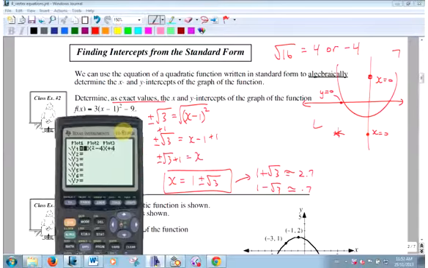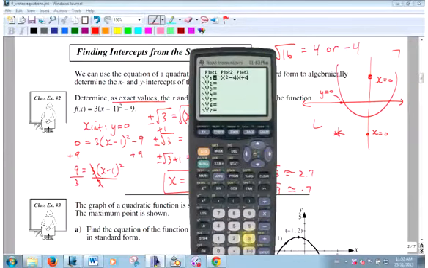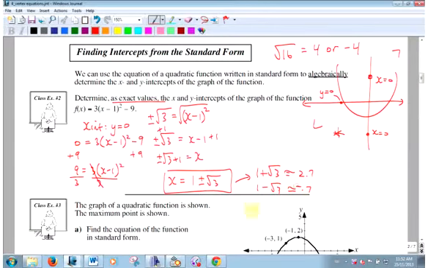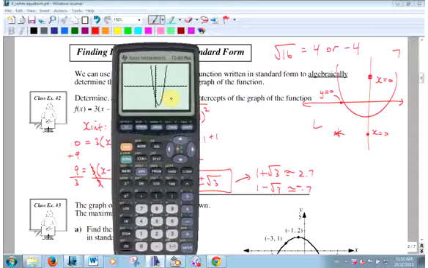Where's my function? 3 bracket x minus 1 bracket squared minus 9. Does that look like about 2.7 and, whoops, that should be minus. That's about 1.7, 1 minus 1.7 is minus 0.7. Look about right? Could we find that out exactly using zeros?